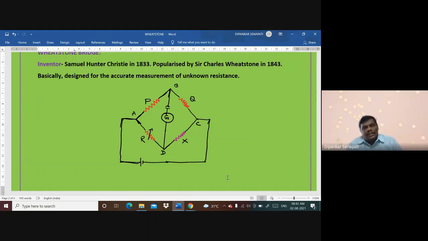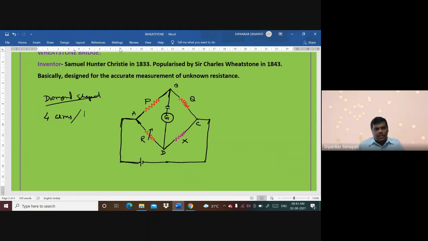So you can see the design of the bridge. It is diamond shaped, having four arms.